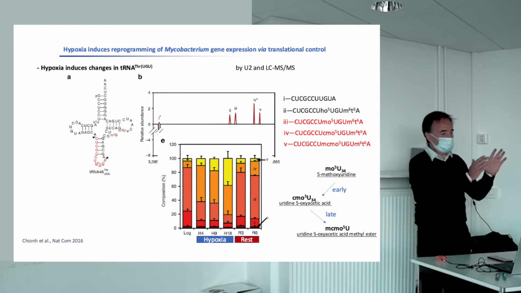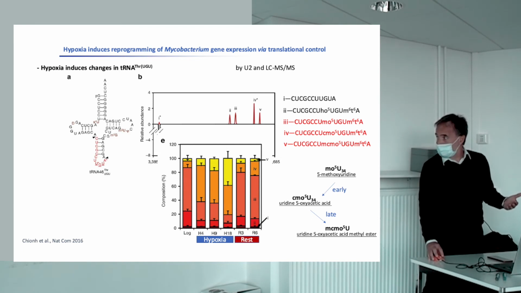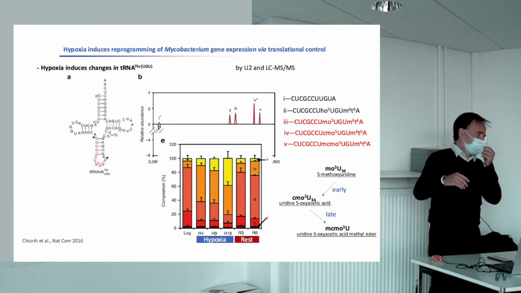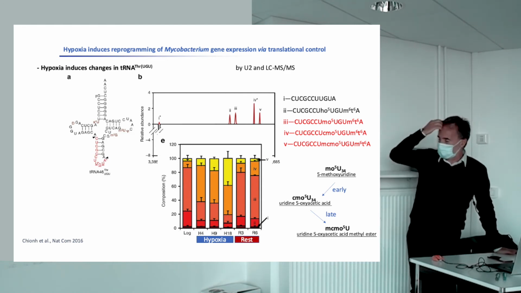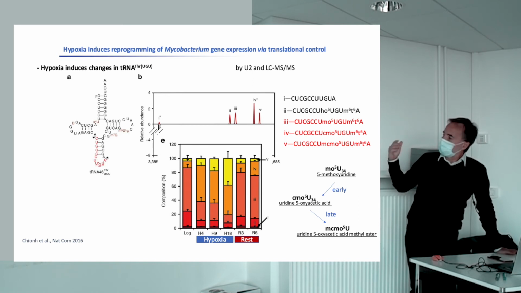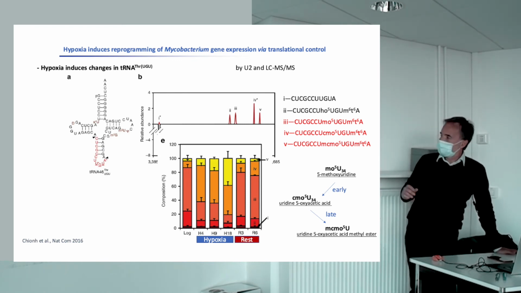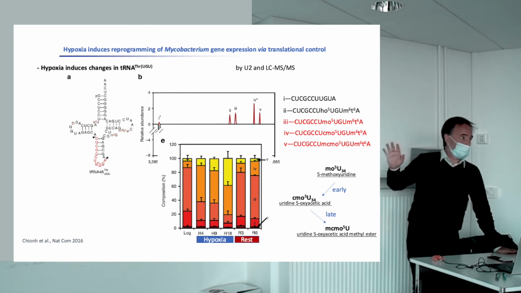Okay, so you start with the tRNA that is normally modified, because the 5-methoxyuridine is what you expect to have as a modification on the threonyl tRNA in gram-positive bacteria, so Mycobacterium tuberculosis, it is a gram-positive bacteria with high GC content. And then, in hypoxic condition, you start to have a different modification on this tRNA. Not anymore the methoxyuridine, but the uridine 5-oxyacetic acid. That is a modification that is present on threonyl tRNA, but usually in gram-negative bacteria. Okay?